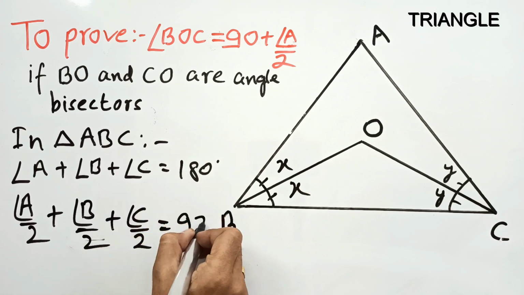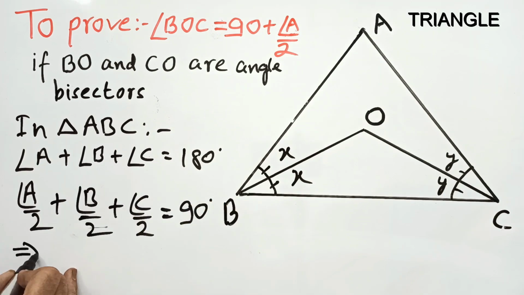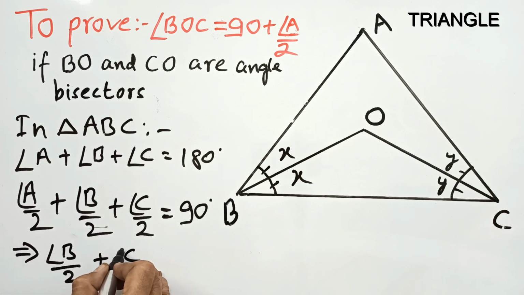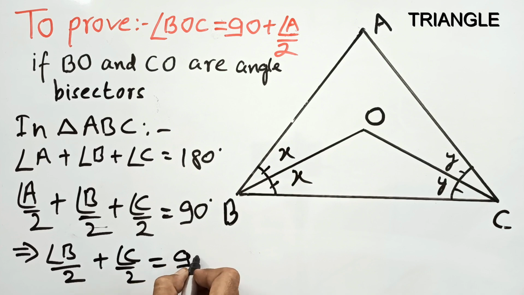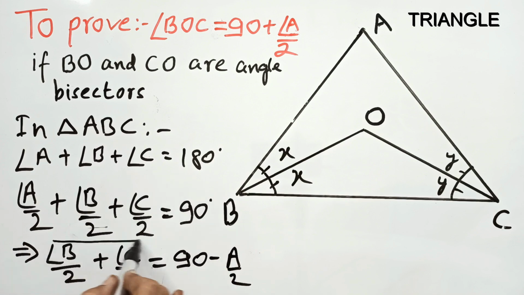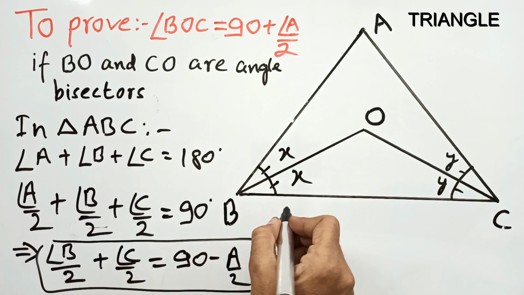180 upon 2 means 90. We shifted the A by 2 here. B by 2 plus C by 2 is equal to 90 minus A by 2.